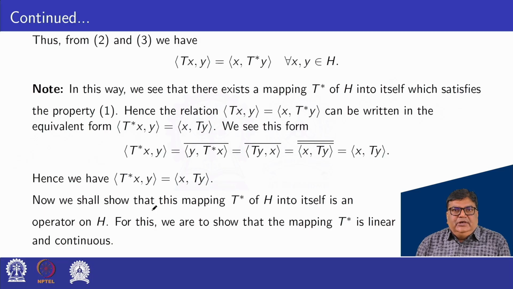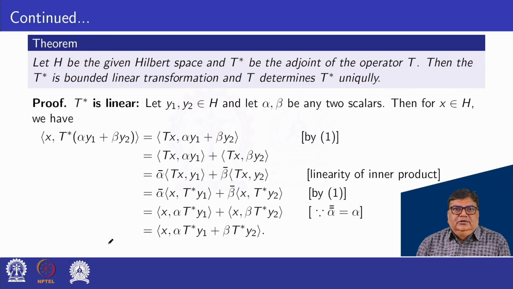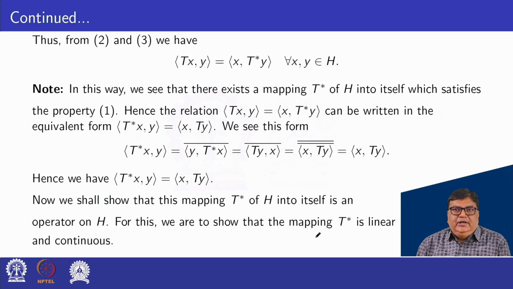Now we shall show that this mapping T star on H into itself is an operator on H. For this, we are to show that the mapping T star is linear and continuous. So now we prove in another theorem that T star is linear and continuous.